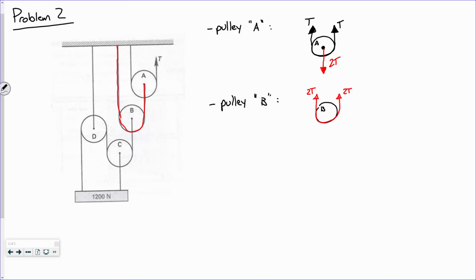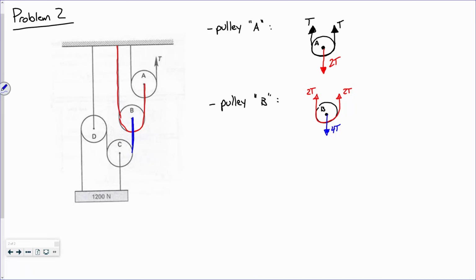What has to go down? 4T. Make sense? So, why did I draw that in that color? Because I'm looking at a different rope. So if I look here on the pulley, is anybody colorblind? I'm serious when I say that. Okay, no, all right.